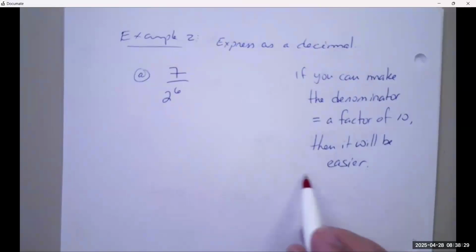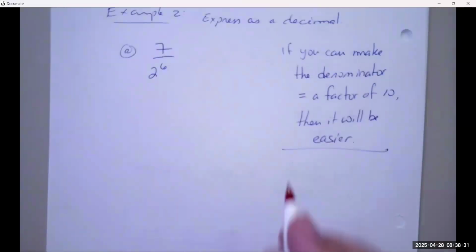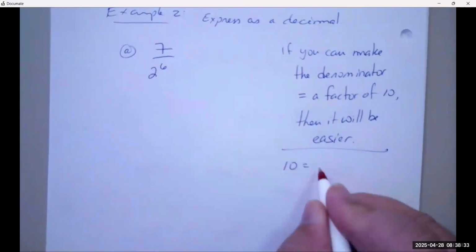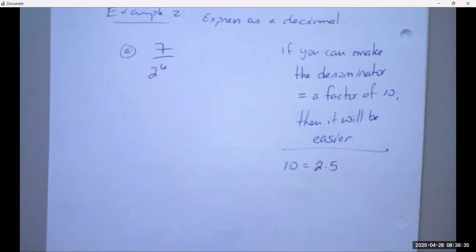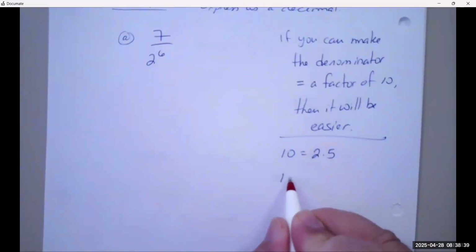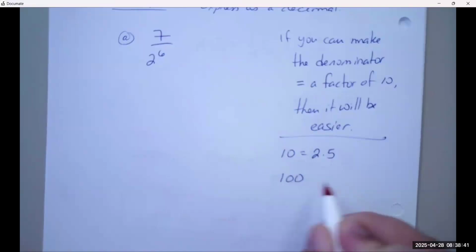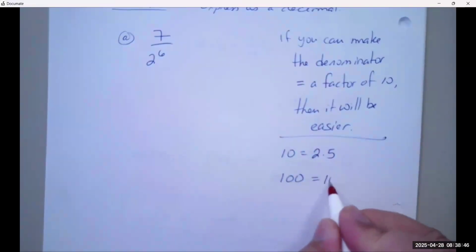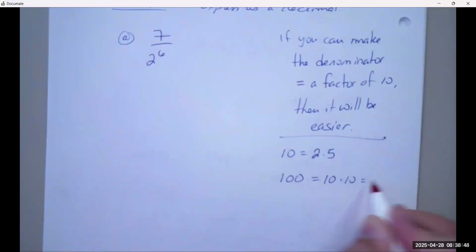Okay, what does that mean? So we have to try and have the 10 is made up of 2 times 5. 100 is made up of 10 times 10, or 10 squared, right?